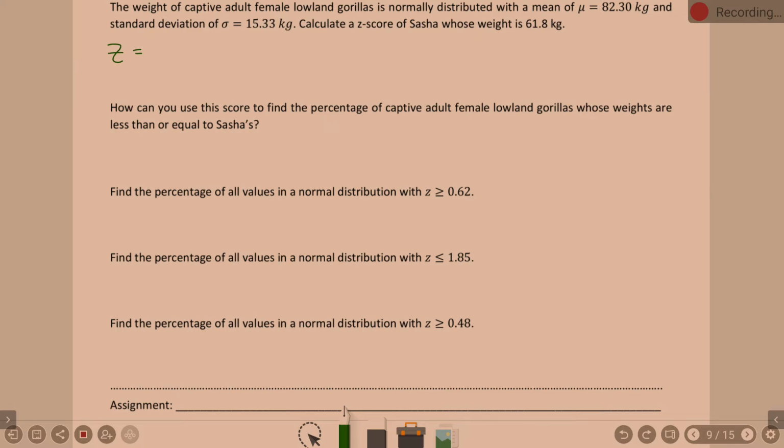What is our data value here? Sasha's weight of 61.8 minus the mean of 82.3, divided by the standard deviation of 15.33.